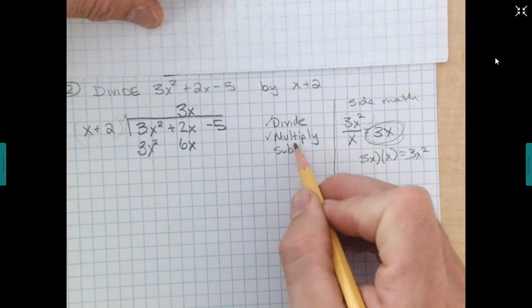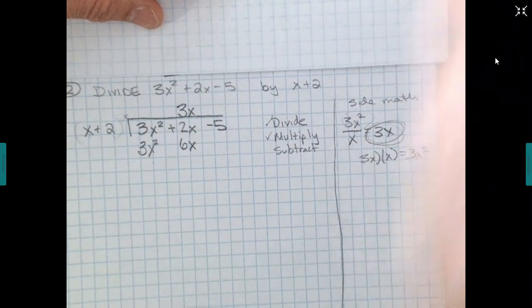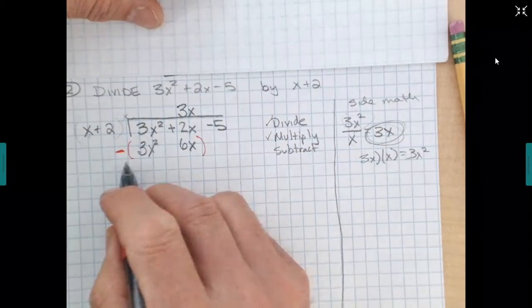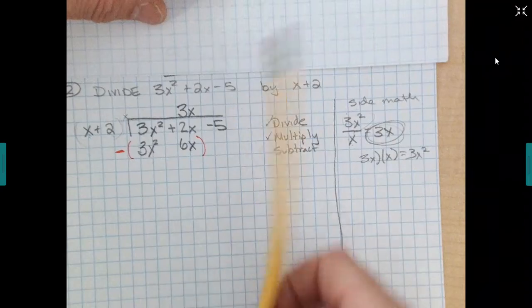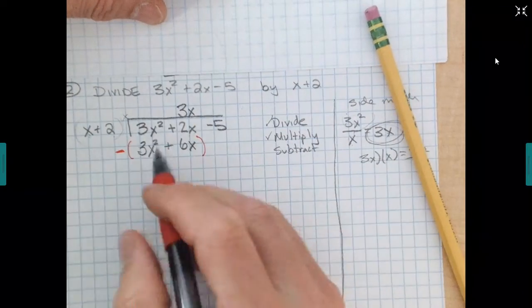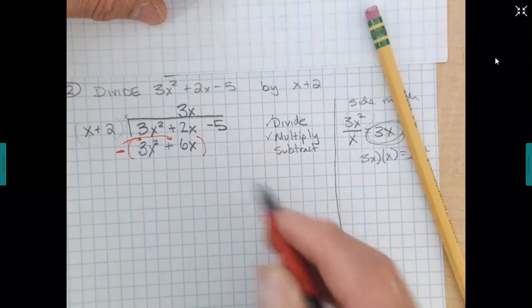Now I have to subtract. And this is where you have to be double careful. Because when I subtract, I'm subtracting the whole thing. So right now, 3x times 2 is a positive 6x, right? So when I subtract, I have to distribute this negative through the whole thing.